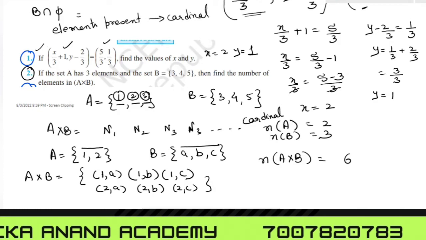So, if we simply multiply 2 into 3, we again get the result. 2 3s are 6.